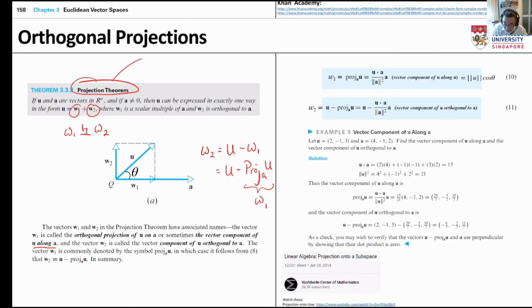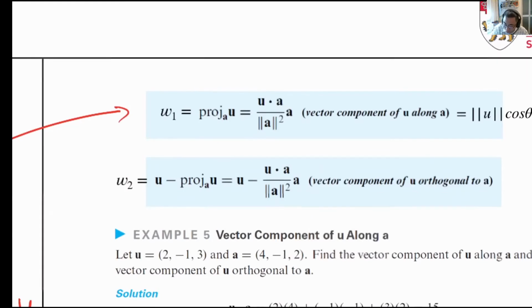How do we find w1? w1 is equal to the projection of u onto A. The equation is u dot A divided by the norm squared of A, multiplied by A, the vector.